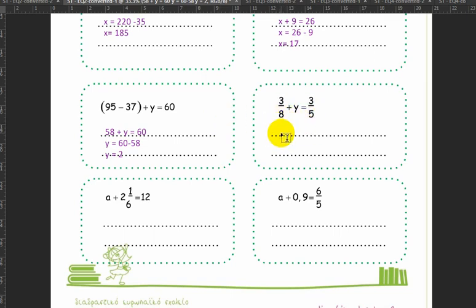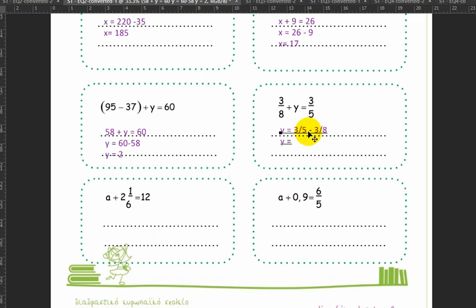Here we have some fractions. So y is equal to 3/5 minus 3/8. Now here you would use the least common multiple technique.